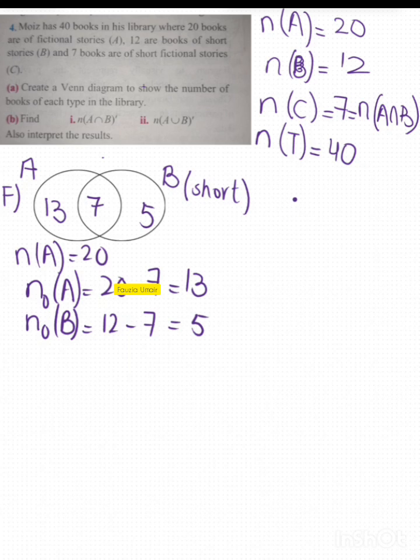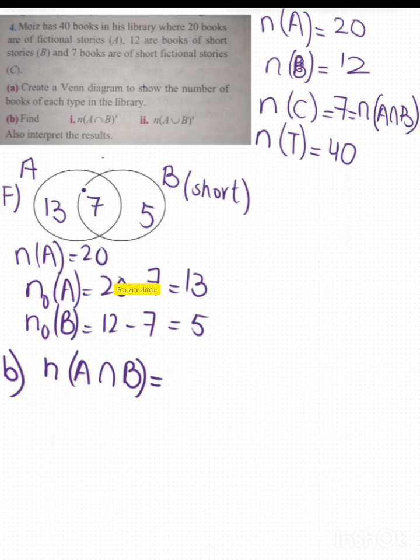Now moving on to B part. So we need to find out number of elements in A intersection B. How many elements are there in A intersection B? We can only find complement after that.